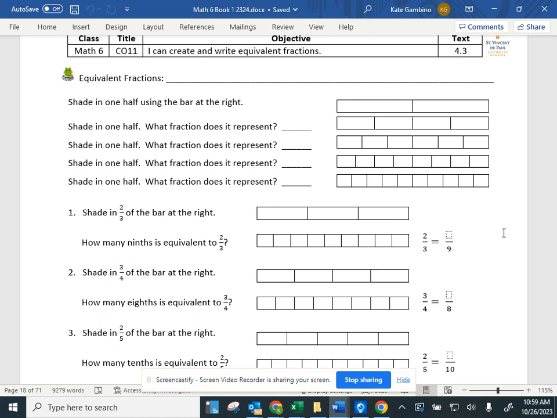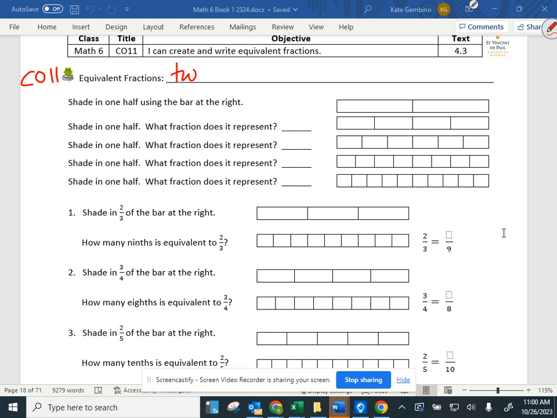On your index card, make sure you label what you're going to put for each objective. So you're going to start off with CO11. And I think writing a definition of equivalent fractions is kind of a key thing to know.